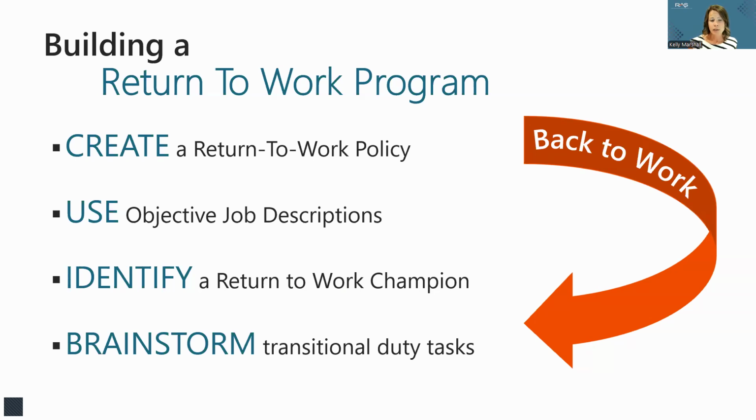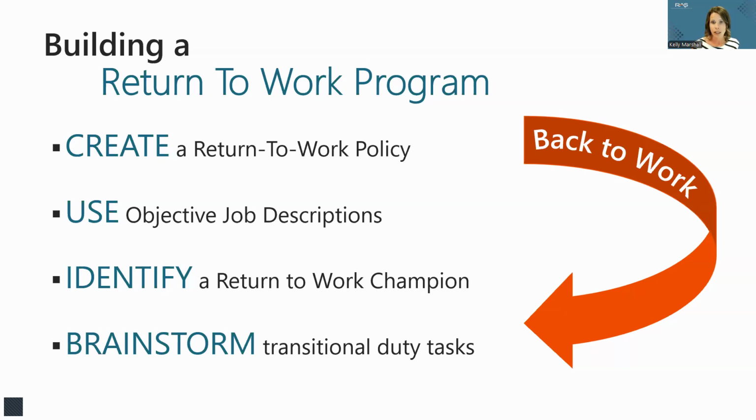And finally, if you don't already have one, I would also suggest that you brainstorm a list of transitional duty tasks. Again, we do have these and several that are industry specific on the RAS portal. But even if you have just kind of an ongoing list of maybe some things that you've had an injured worker do in the past, you can continue to add to that as you have different opportunities come up.